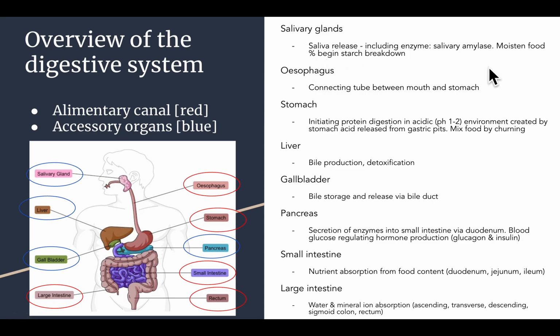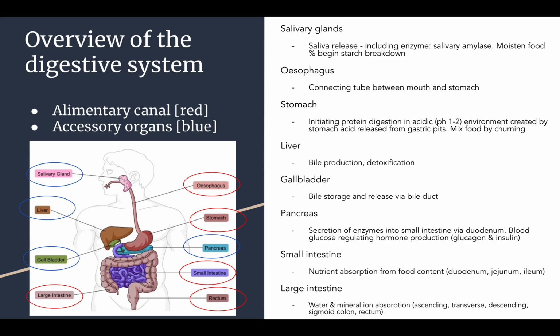That's where the first stage of starch breakdown or digestion begins, because saliva includes the enzyme salivary amylase, and we know that amylase breaks down starch. Saliva also moistens food, which makes the passage of the bolus of food easier as it passes down the esophagus.